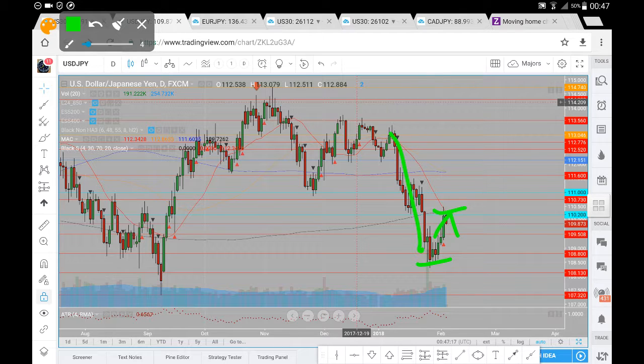And overall, if we can continue to hold above this 109.50, we'd expect further recovery in the US against Japanese yen. But if we're not able to hold this at 109.50, we'd expect to see further sell side momentum continuation in this market. And with that said, that pretty much wraps up the US dollar Japanese yen analysis.